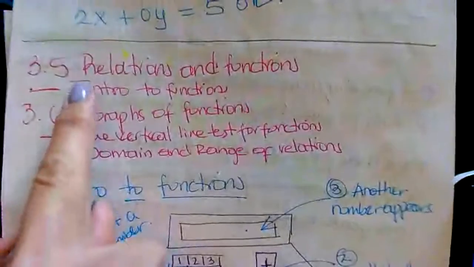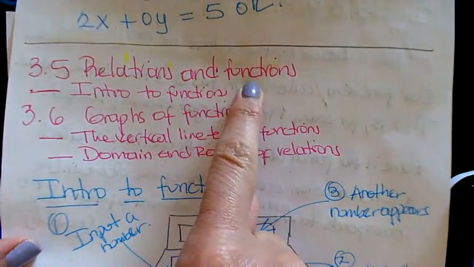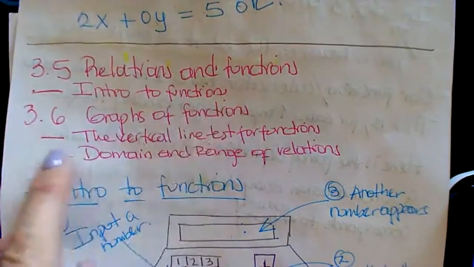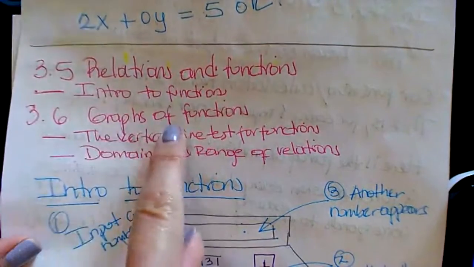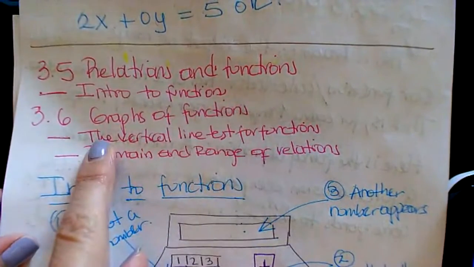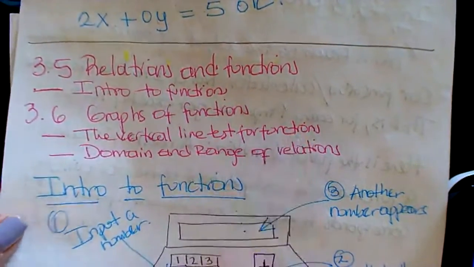Remember, we did relations and functions, introduction to functions. Now we're going to do 3.6 graphs of functions. The first part is the vertical line test for functions.